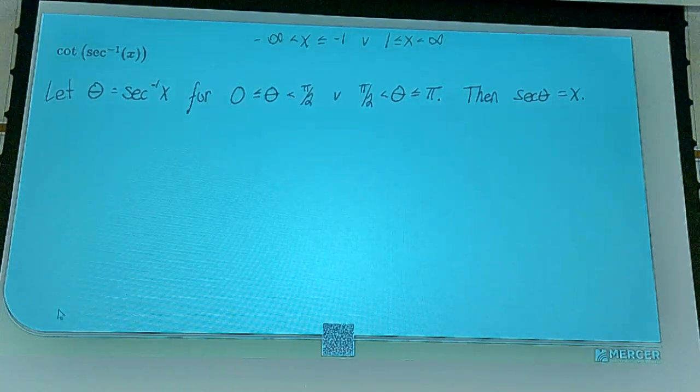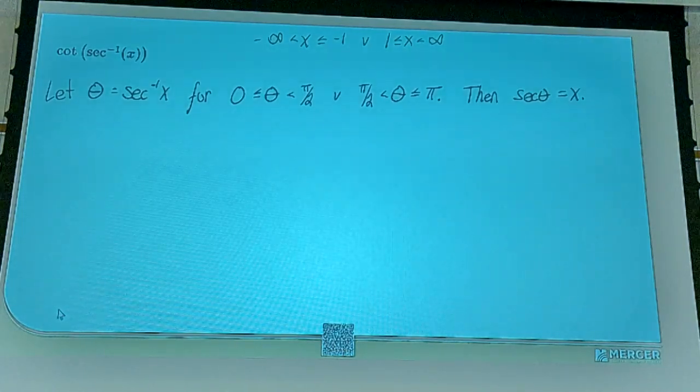Cotangent is what, the inverse of tangent? The reciprocal of tangent. It's positive from 0 to pi over 2, negative from pi over 2 to pi. Oh, cotangent is also not defined at 0 and pi.